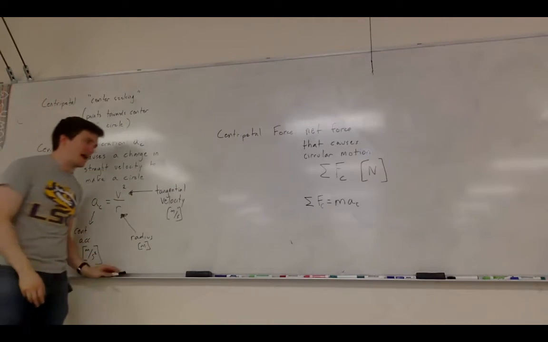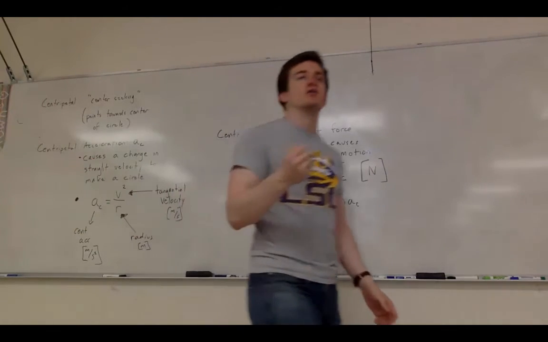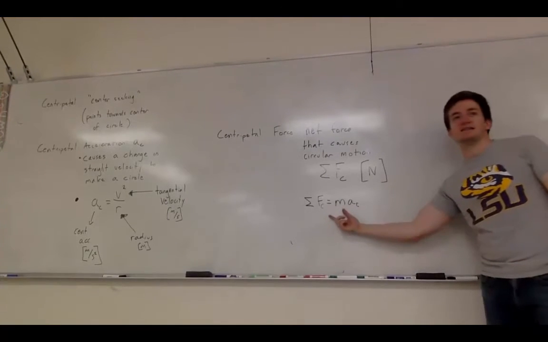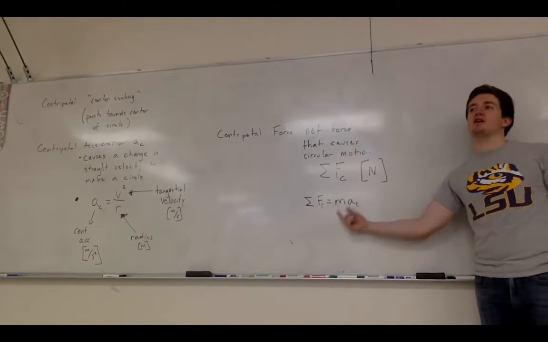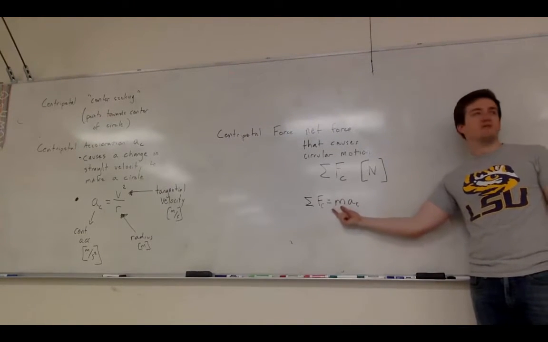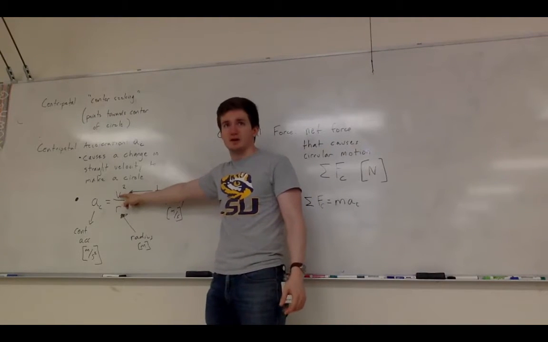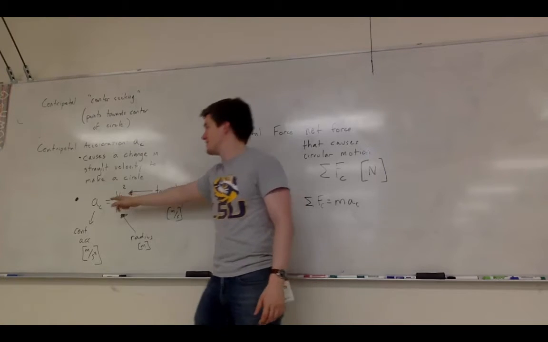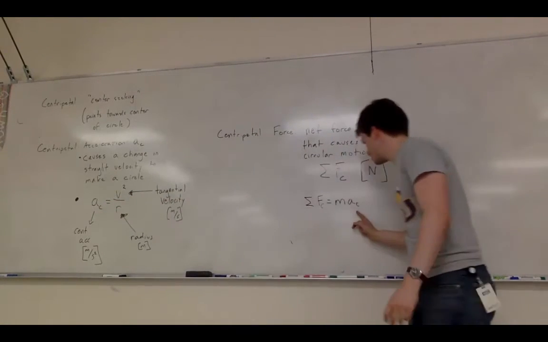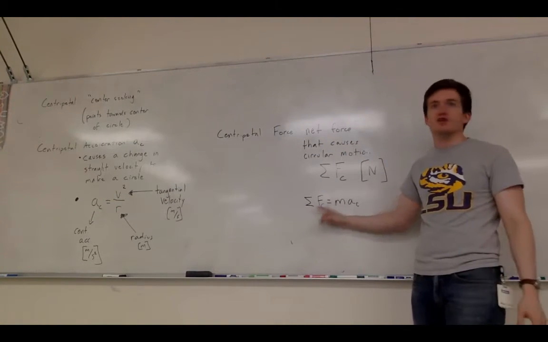Remember how we talked about how it was harder for me for a bigger mass? That's this. I had to apply a bigger net force if the mass was bigger. I also had to apply a bigger net force if the velocity was bigger, because the big velocity meant a big acceleration. That big acceleration required a bigger force no matter what the mass was.